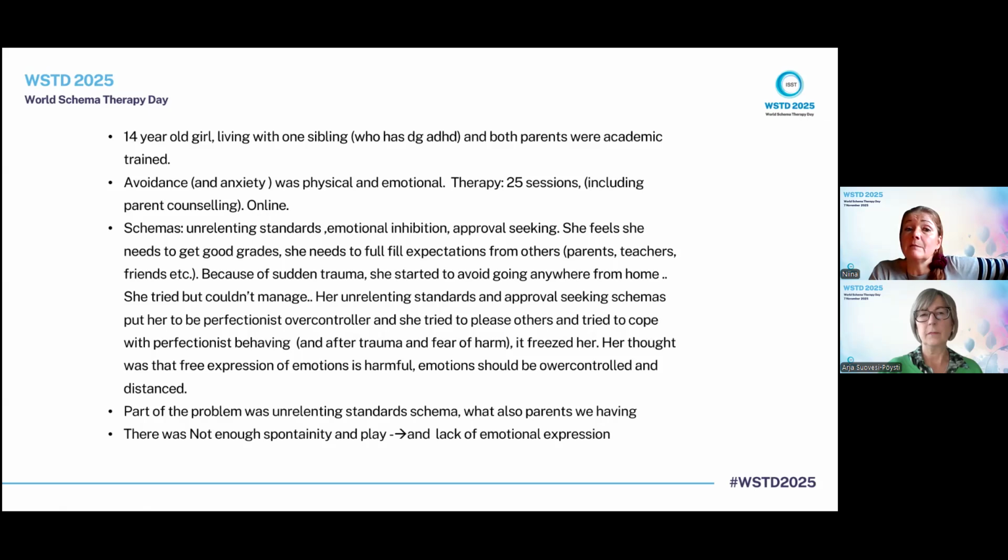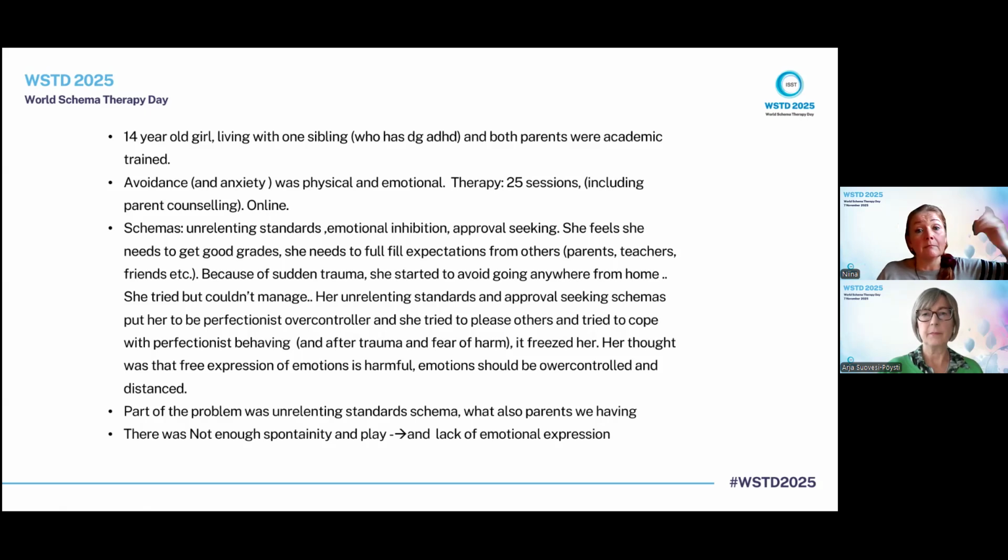The schemas were unrelenting standards, emotional inhibition, approval seeking, and a lot more, but these were the most important. She feels she needs to get good grades, she needs to fulfill expectations from others: parents, teachers, friends. And because of sudden trauma, she started to avoid going anywhere from home. She tried but couldn't manage. She froze.